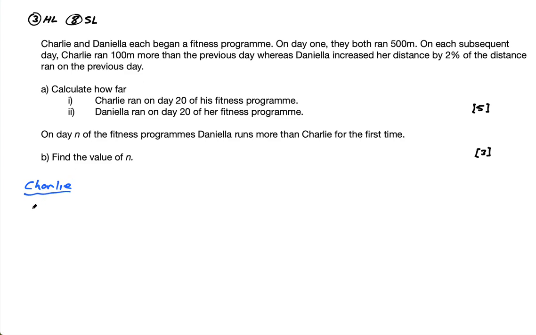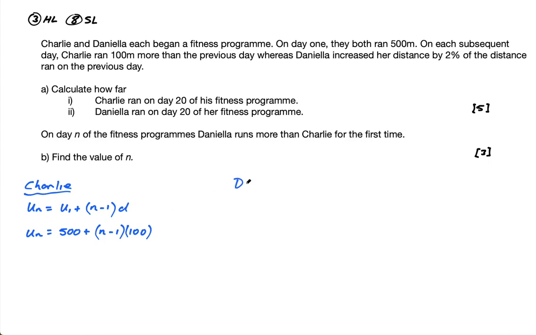So Charlie's U of n is U1 plus (n minus 1)d. His U1 is 500 because he ran 500 the first day, and his d is 100 because that's the difference. He's adding 100 each day. So that's Charlie's U of n.